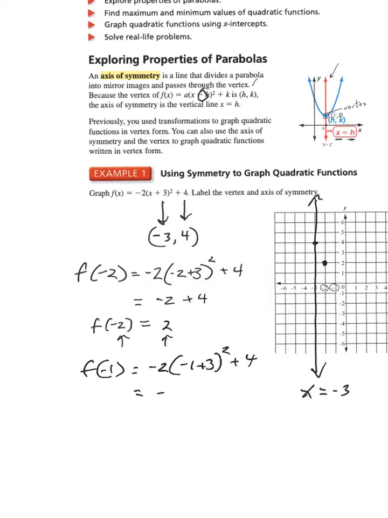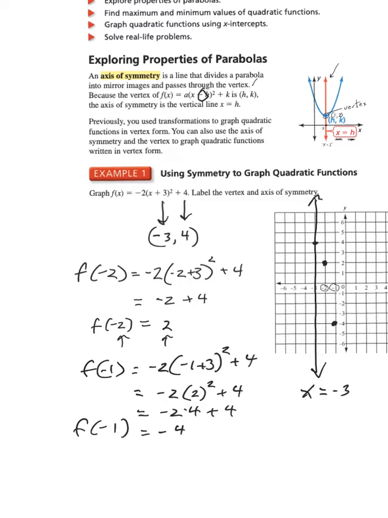This is equal to -2 times 2 squared plus 4. 2 squared is 4. Some of you make some weird mistakes around here, so I'll use as many steps as I can. Right now it's going to be -8 plus 4, which is -4. So f of -1 is -4. So go to -1, then go down 4, and there's another point.